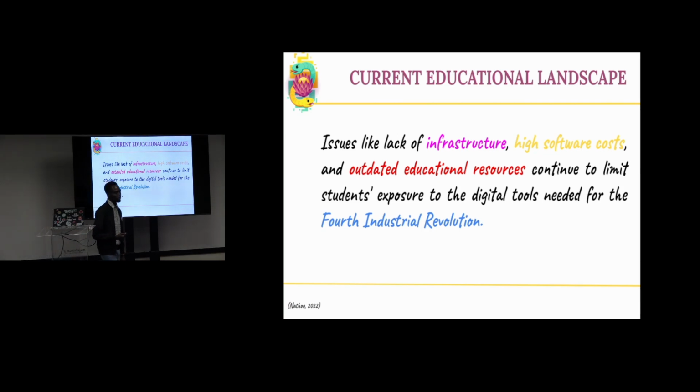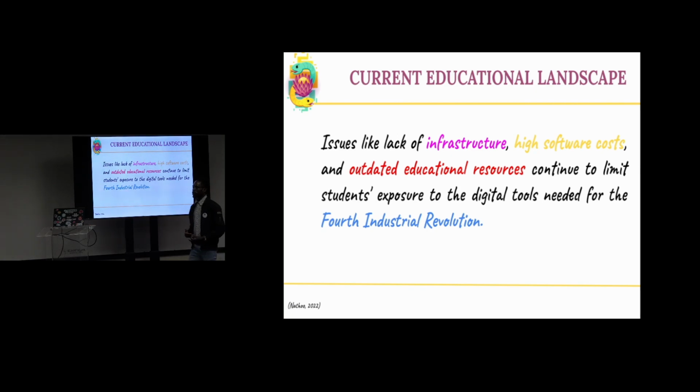So if we are to build a fourth industrial revolution for which learners have to utilize all the digital tools available at their disposal and use these tools to build the future, then we have to look at many aspects of technology.